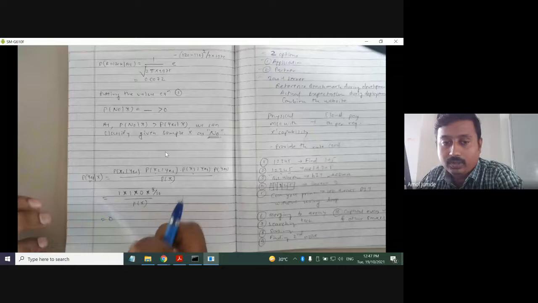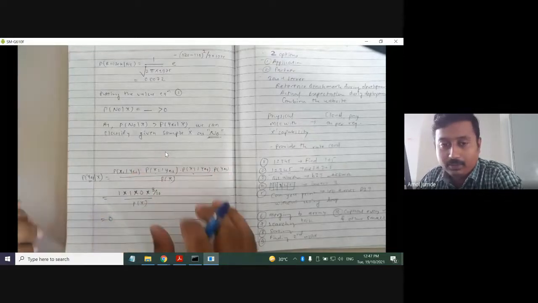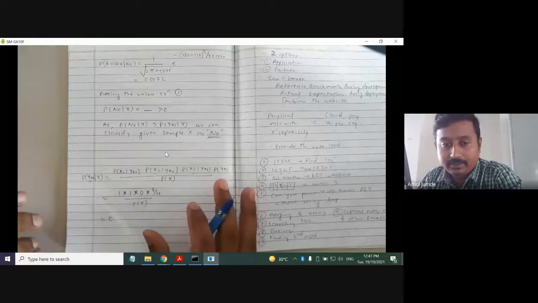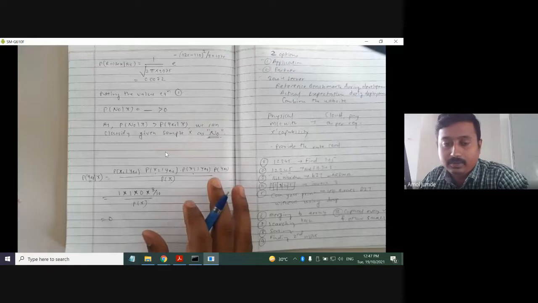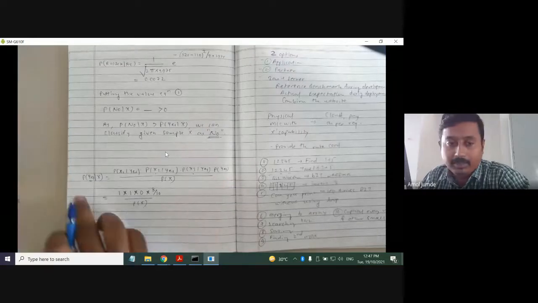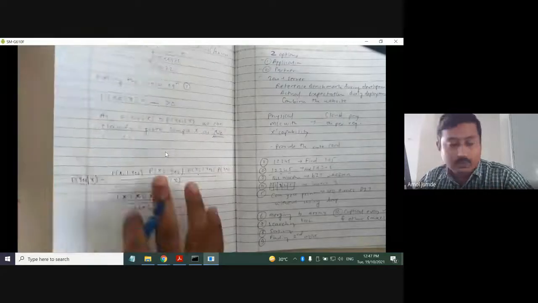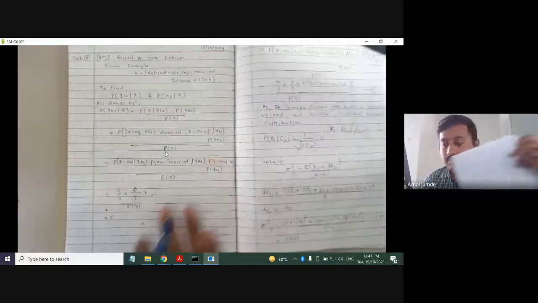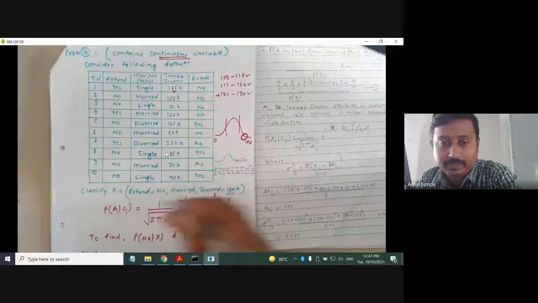Now, how to overcome this problem? Have you understood the drawback of the Bayes classifier? If you don't have the sample, the count will be 0, and the entire probability of that class will become 0. In order to avoid that problem, we add dummy samples for each category.